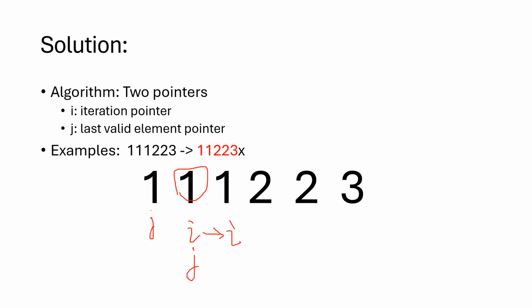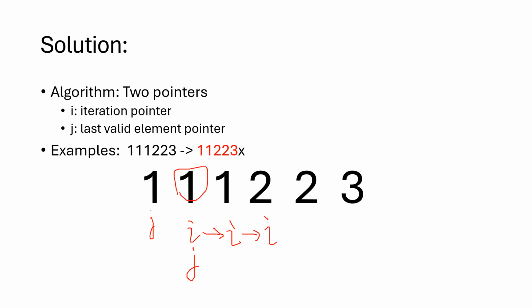So we can't move J forward. We can proceed with I only. And here we see a new number, so that resets the counter. Now we have a number 2, and the count of this new number is 1.